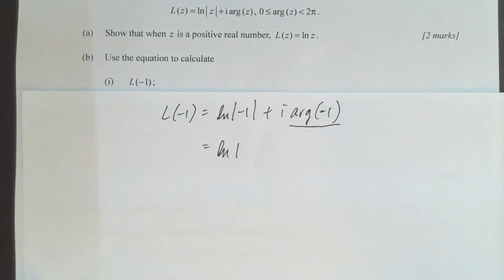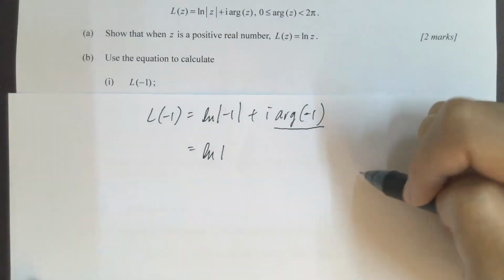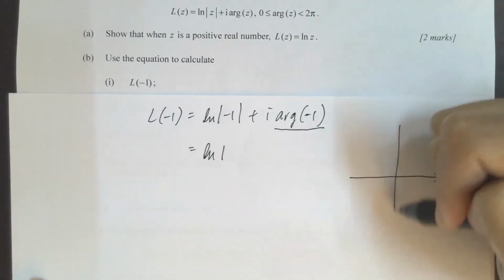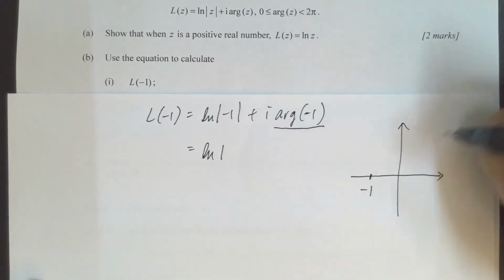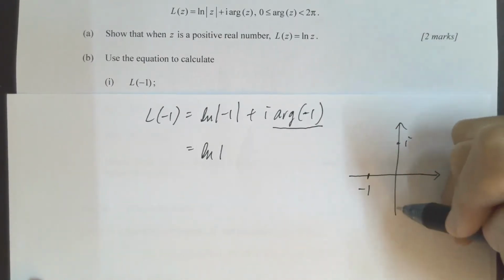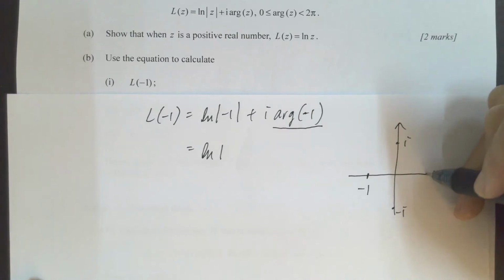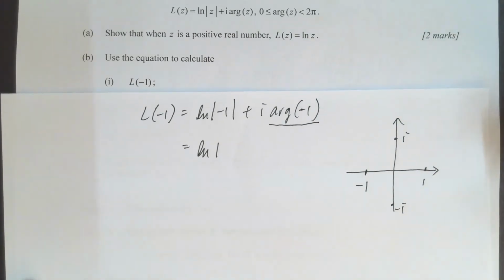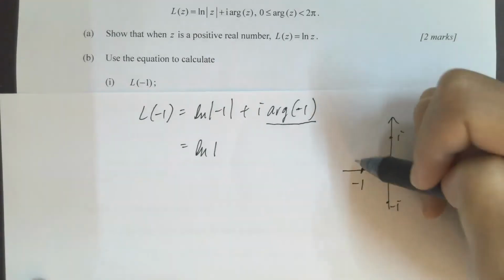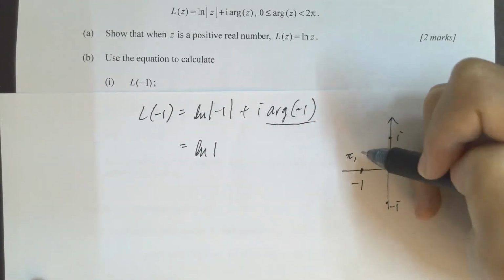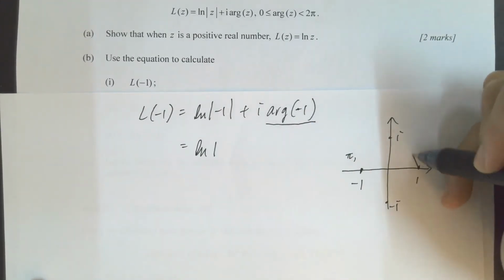If we go back to this polar plane, we see that -1 is over here, and this is our I. I always like to use this diagram because it really helps us see things very quickly. We already identify the angle here has to be all the way here.